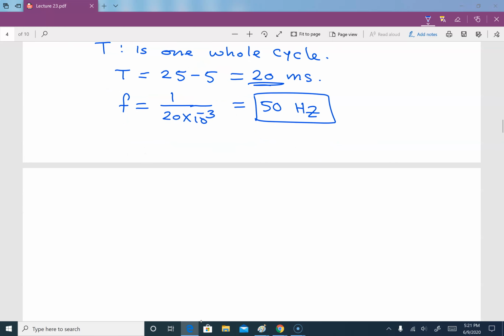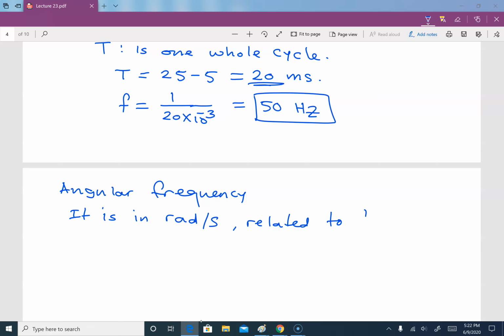We also have a term called angular frequency. Angular frequency is in radians per second, and it is related to frequency by the following formula: omega is equal to 2 pi f.